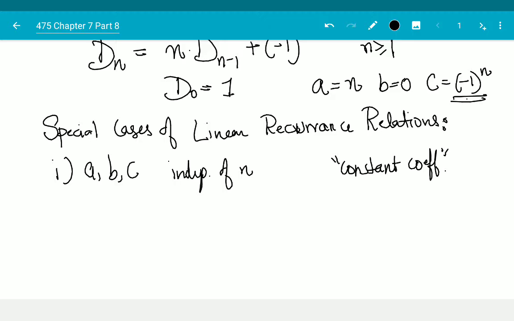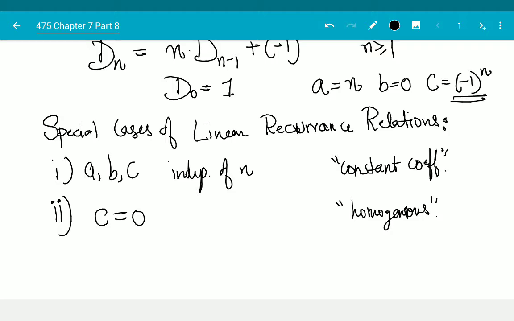In the third case, my c depends on n. It is negative 1 to the n, right? So it is not constant coefficient. If my c is equal to 0, then as I mentioned before, this is called homogeneous.